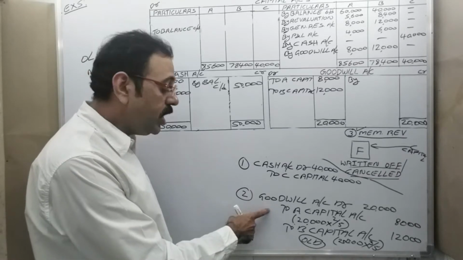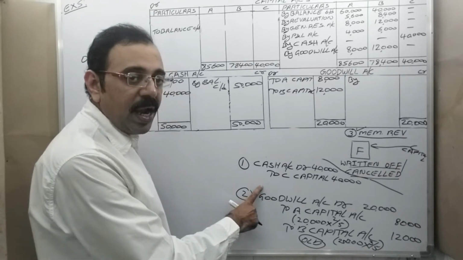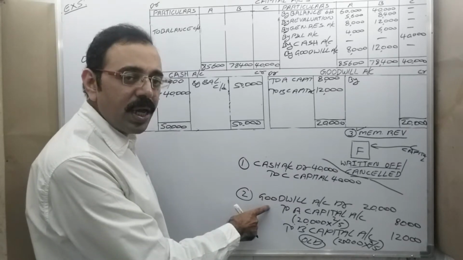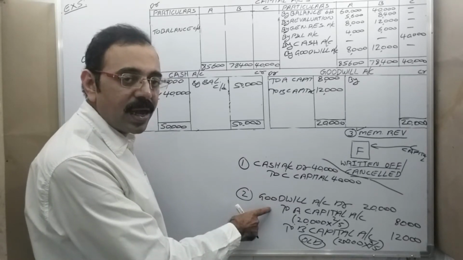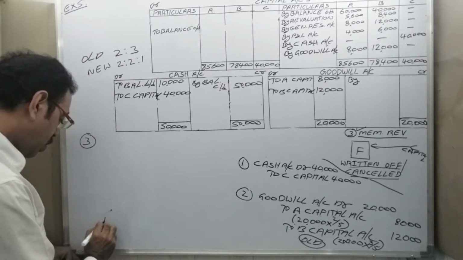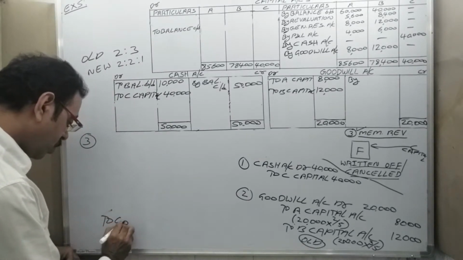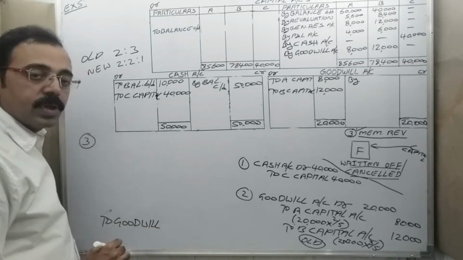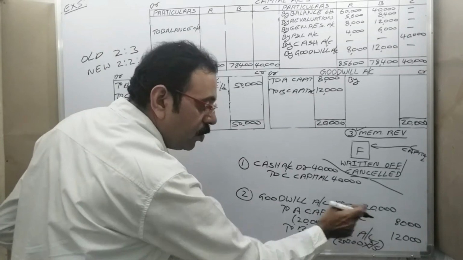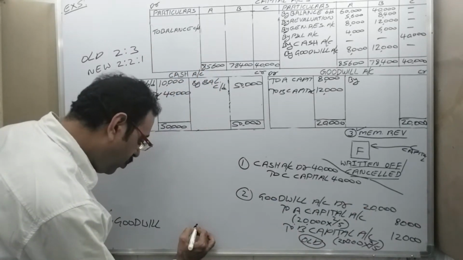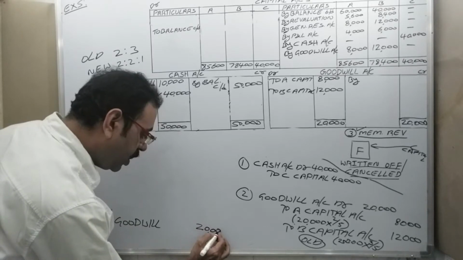If any account is debited once, and you want to cancel that account now, then we said we should write that account name on the credit side. So on the credit side we should write to goodwill account. We created it with the full value 20,000. Now we should cancel it with the full value only, 20,000.